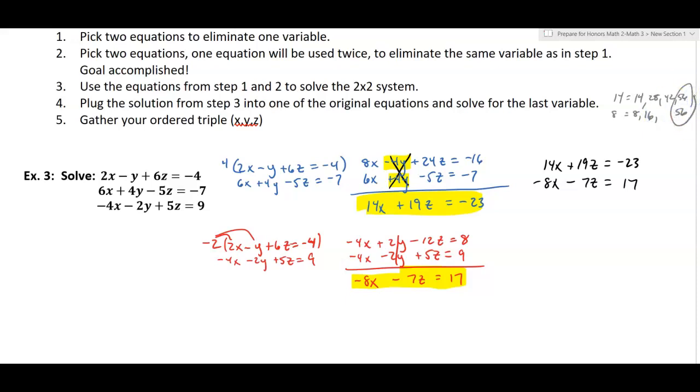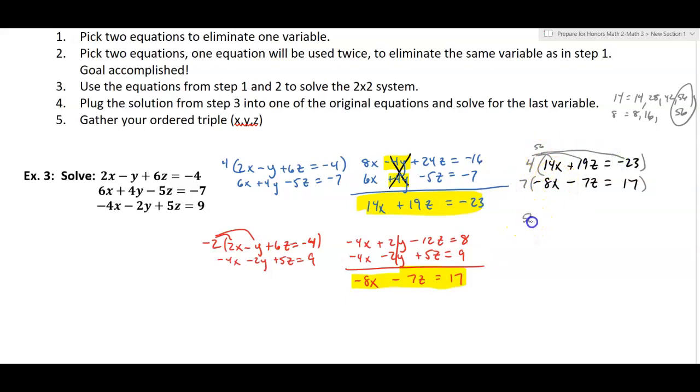So the common multiple is 56. So what I'm going to do is multiply this top equation by 4. That's going to turn that into a positive 56, which means I have to turn the bottom coefficient into a negative 56 by multiplying by 7. So remember, I have to multiply everything by that.